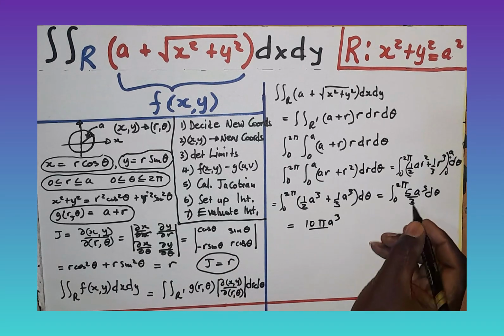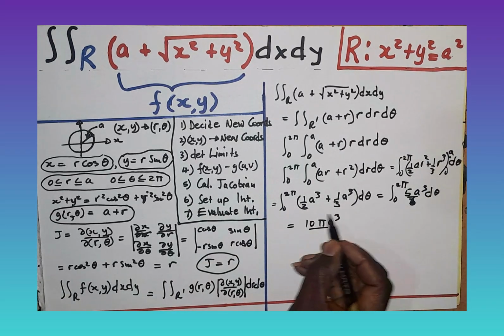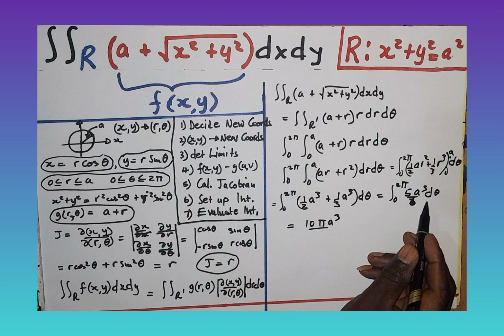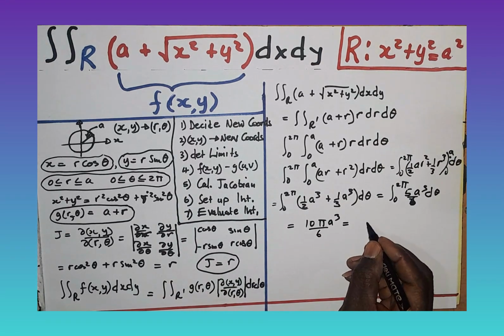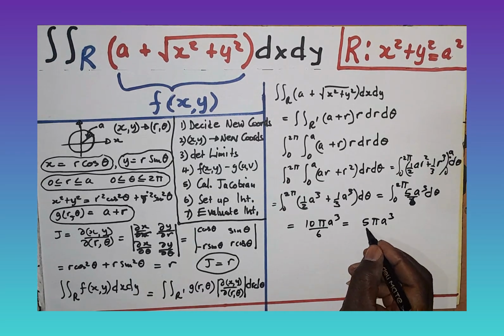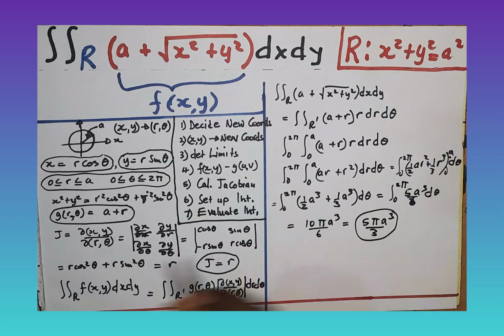Sorry, I made a mistake there: this is 6 there, yes, common denominator 6. So this is 5a cubed over 6. When we multiply by 2 pi, that simplifies to 5 pi a cubed over 3. That's the value of our double integral.